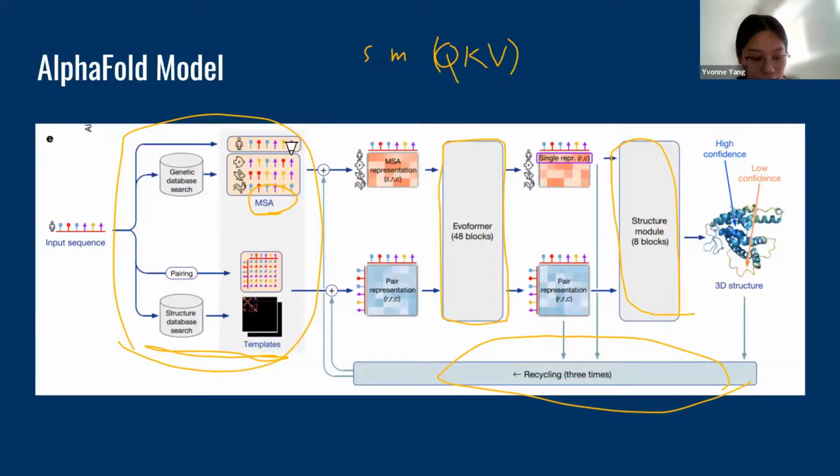And I believe in the paper they said that the self-distillation method doesn't actually improve the accuracy that much, but it does sort of iron out some inaccuracies in the physics or chemical constraints.